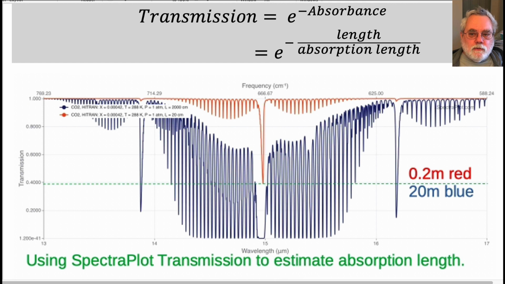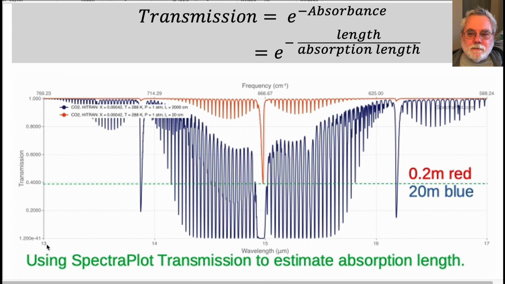The SpectraPlot tool graphs the spectral absorbance or transmission over a fixed length or thickness of absorbing medium with fixed temperature, pressure, and concentration. I graphed transmission through the bottom of the atmosphere at plus 15 Celsius with 420 parts per million carbon dioxide.